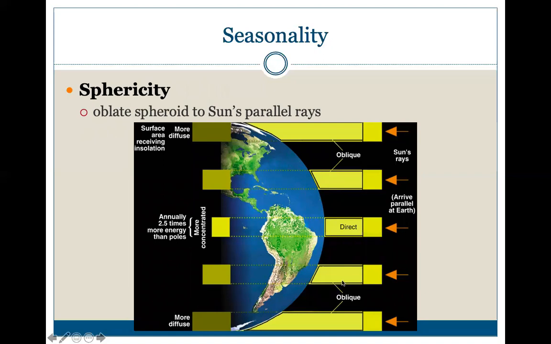The Earth is also round. It's not like a cube or something. So when the sun's rays are shining down on the Earth, you've got light that hits the tropics and the equator. It's overhead all the time there, so it hits it directly. But then the light wraps around the remaining latitudes.